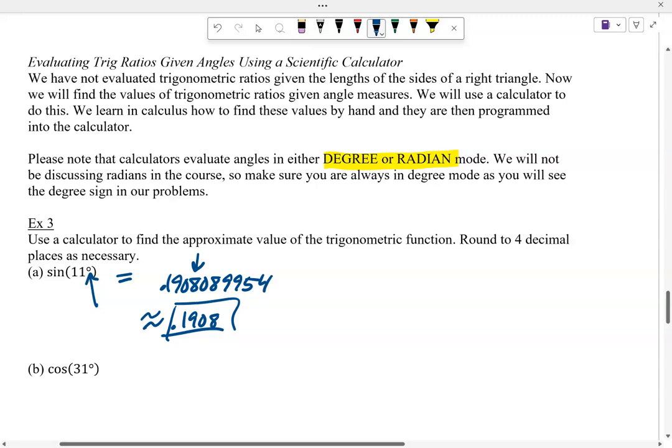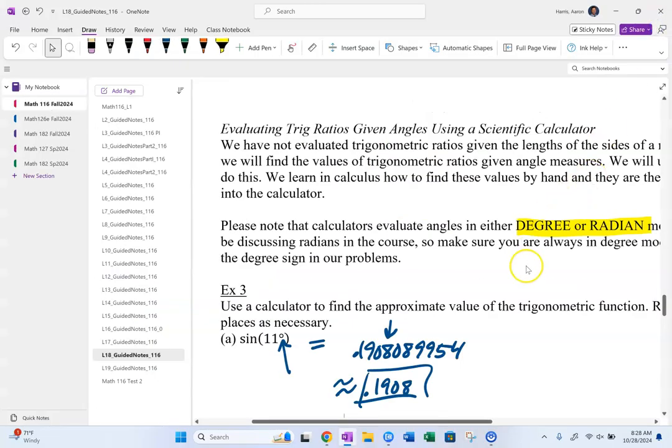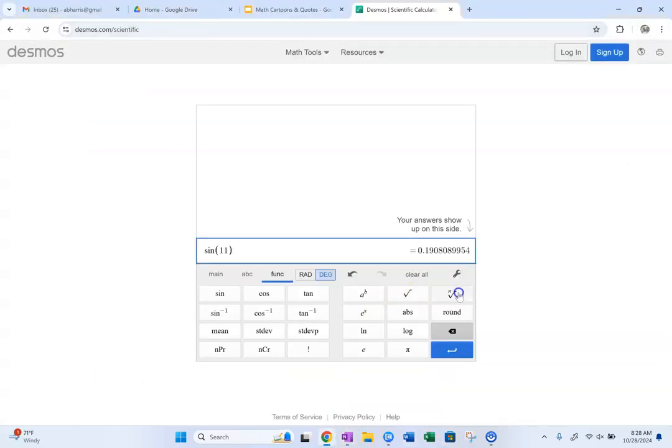With the cosine, we'll go ahead and punch in the cosine of 31. Similarly, make sure you're in degrees, click on functions, see the cosine right there, 31 degrees.